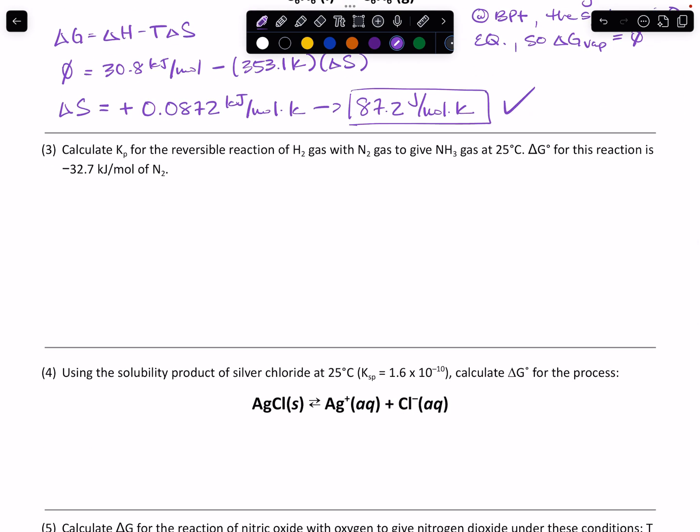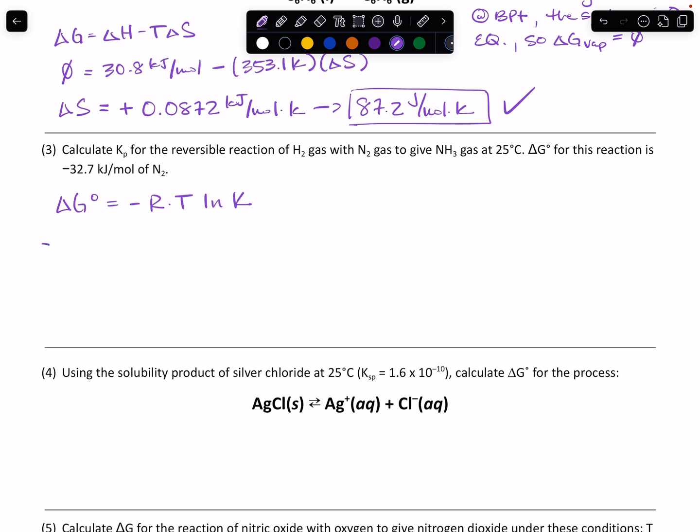Next, calculate Kp for the reversible reaction of H2 gas with N2 gas to give NH3 gas at 25 degrees Celsius. The free energy change for this reaction is negative 32.7 kilojoules per mole of nitrogen. So we're going to be using our free energy and its relationship to the equilibrium constant to solve for Kp.